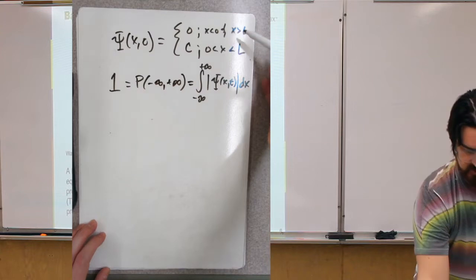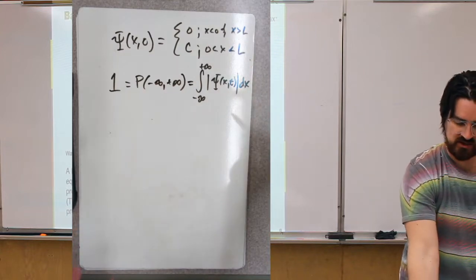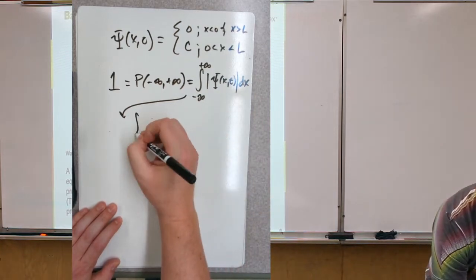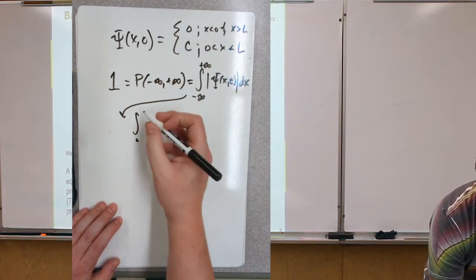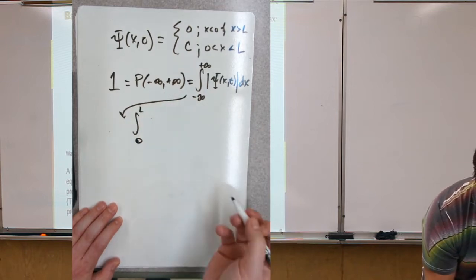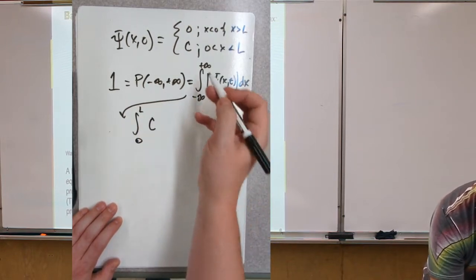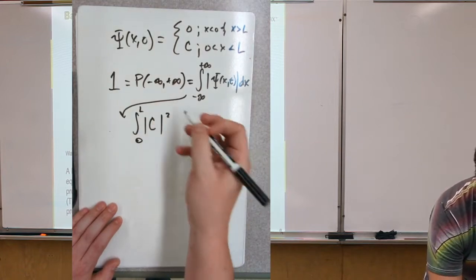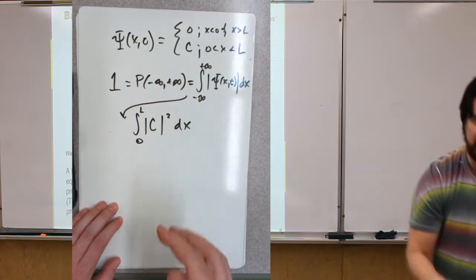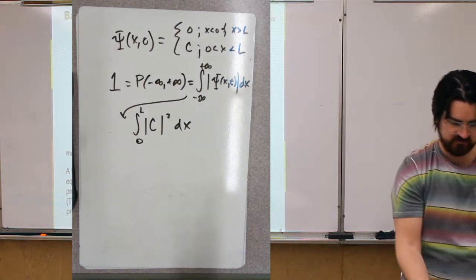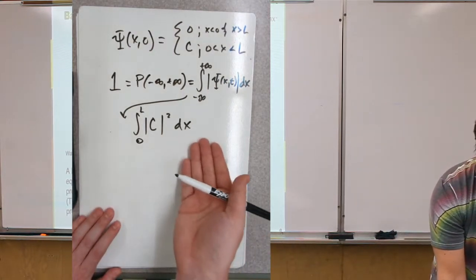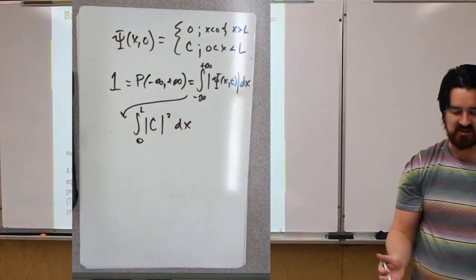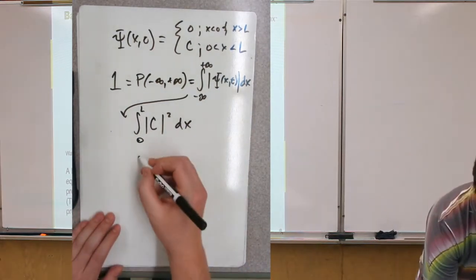Since we know our wave function is 0 outside of the tube and just this constant in the tube, in this integral everything outside of the tube goes to 0, and we know that the wave function is equal to c inside the tube, so the square of the magnitude of that goes in for this integral in this region, 0 to L. And since c is a constant, we end up with c squared.